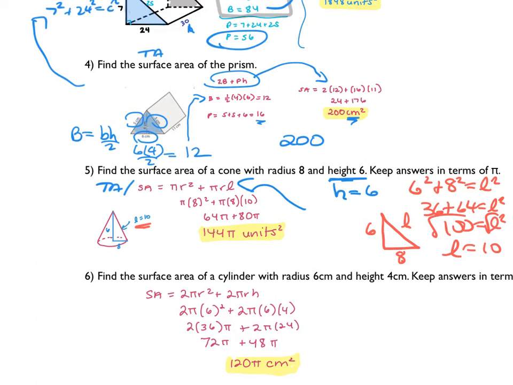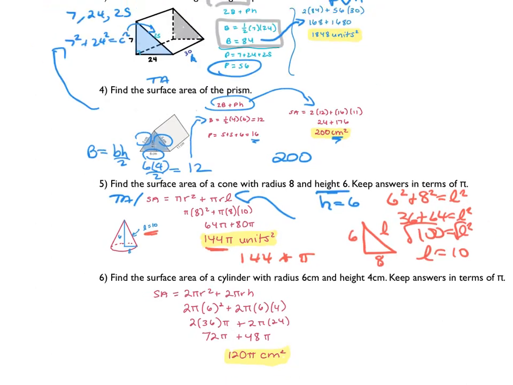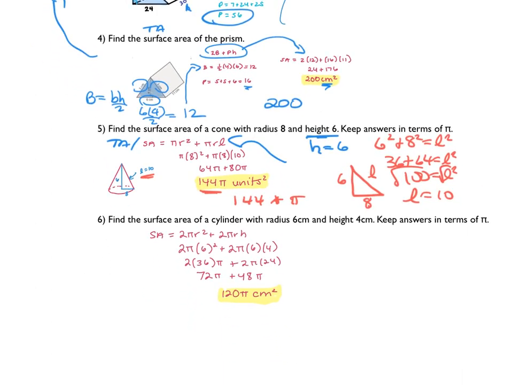Now, if the question said to round to the hundredths place or tenths place, then on your calculator you would do 144 times pi and then round it. So just again, read the directions. The cone's surface area and the cylinder's are nice. It's just a formula. Maybe the hardest part for the cones is you may have to do Pythagorean theorem.